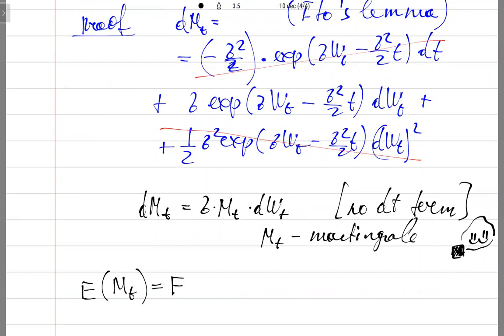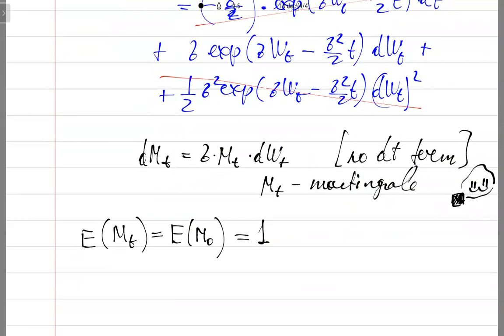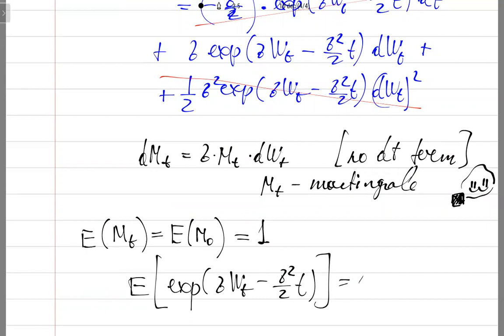It's like the expected value of M_0, M_5, M_3. And M_0 is just 1, if you just plug in 0. So the expected value of exponent of sigma W_t minus sigma squared over 2 t is 1.